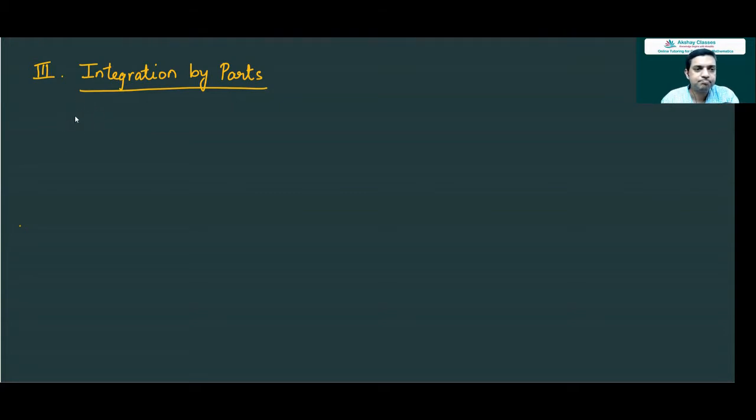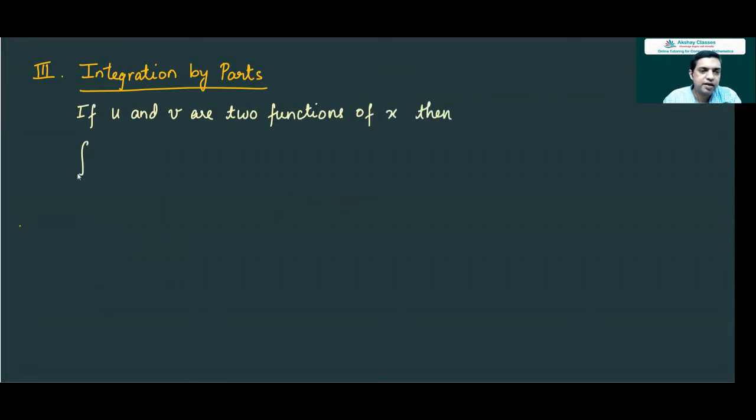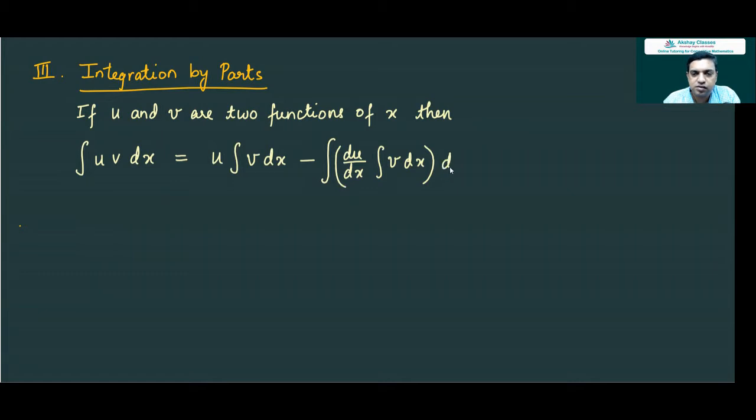So if u and v are two functions of x, then the integral of u v dx is u times the integral of v dx, minus the integral of the derivative of u multiplied by the integral of v dx, whole integral. So how do we remember this?